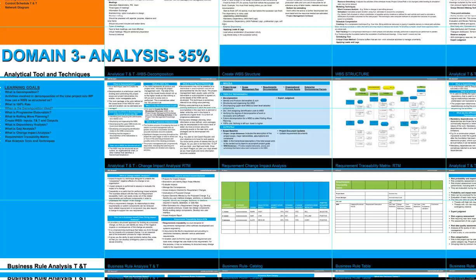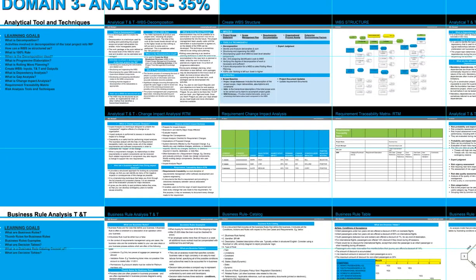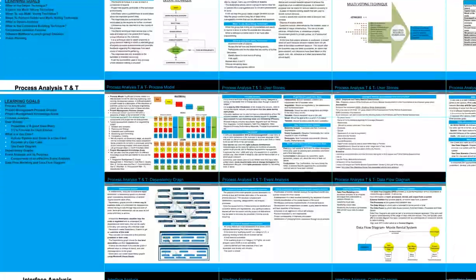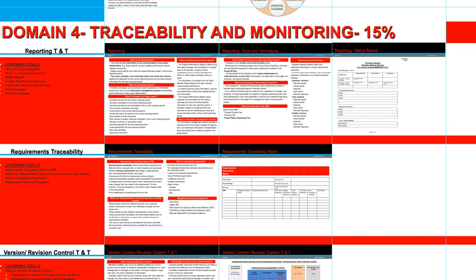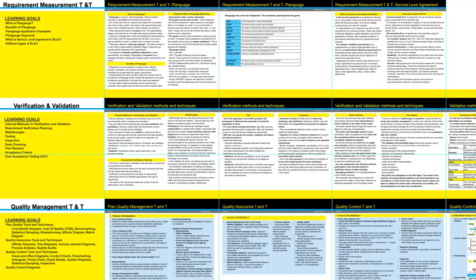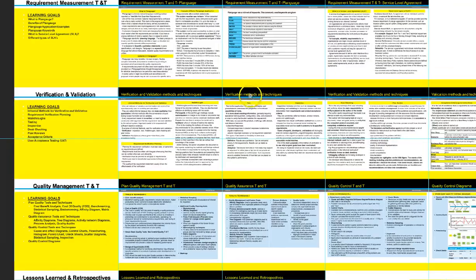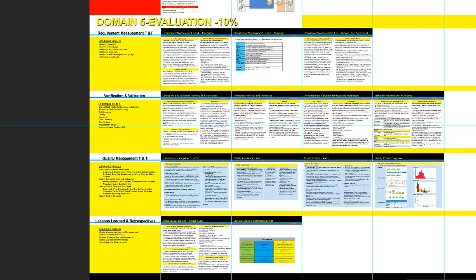Then we have analysis. Then we have traceability and monitoring, and finally evaluation. So all these needs to be done, so please stay tuned, and we will cover this one by one till we finish the whole course.